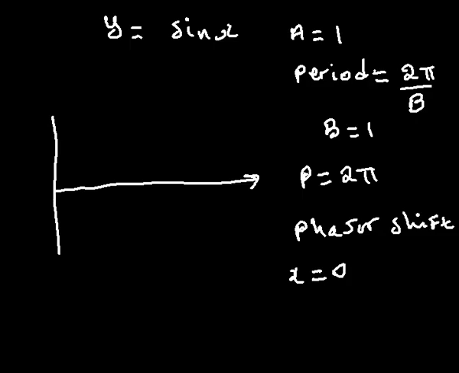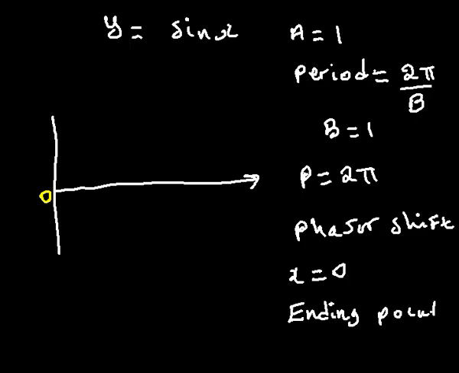So the graph will have to start from the origin. And where will the graph have to end? The ending point of the graph should be the ending point.